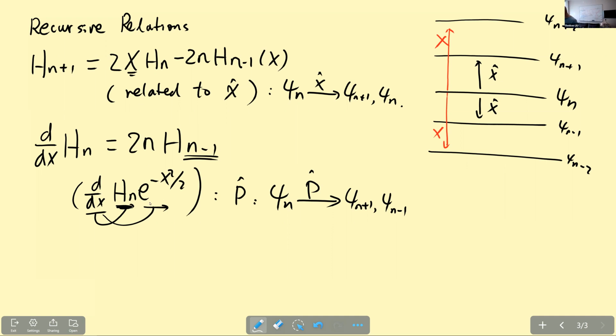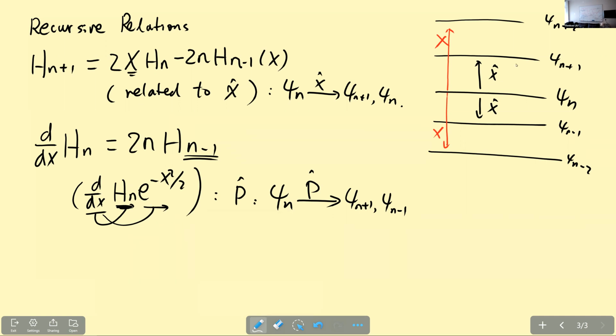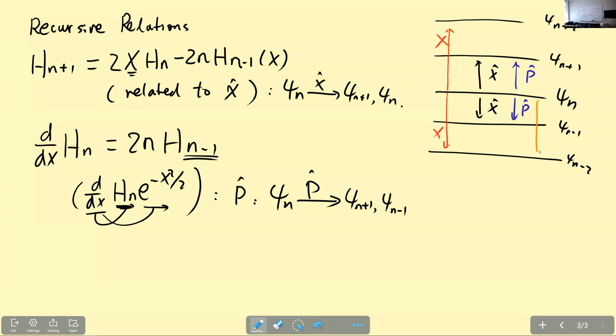So that means if you apply the momentum operator, it will also go like this one, right? But it's not possible, and this one is not possible, and this one is not possible, okay?